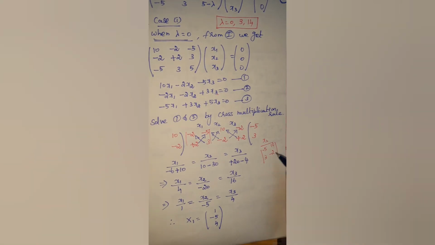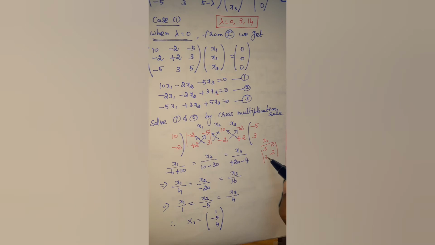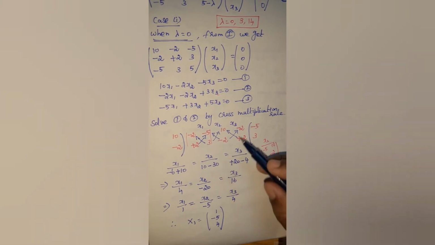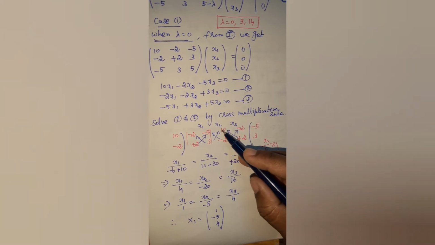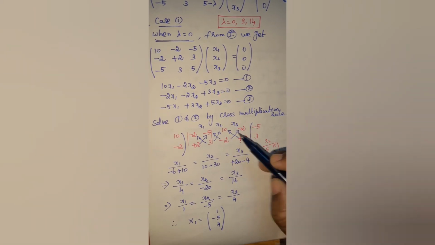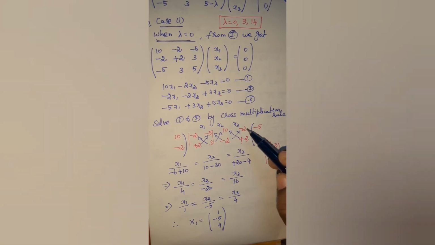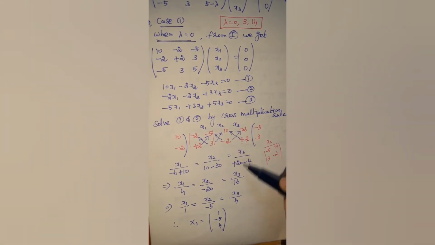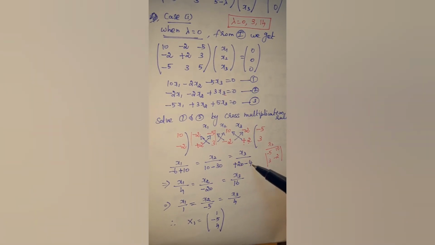So when you solve this, 5 into 2 is 10, minus 10 into 3 is 30. The same way x3: take the third column and the fourth column, 10, minus 2, 2, minus 2. So 10 into 2 is 20, minus 2 into minus 2 is plus 4. Already you have one minus sign, so 20 minus 4.